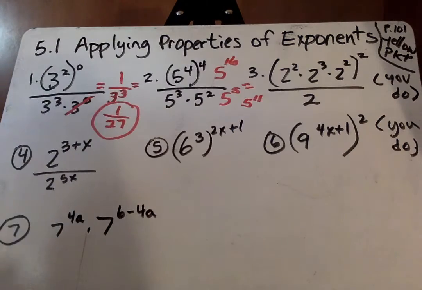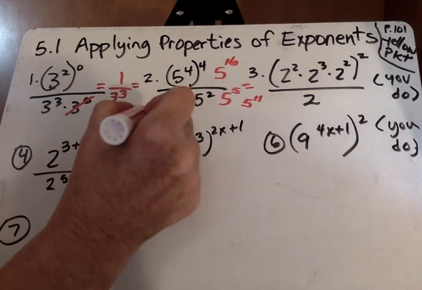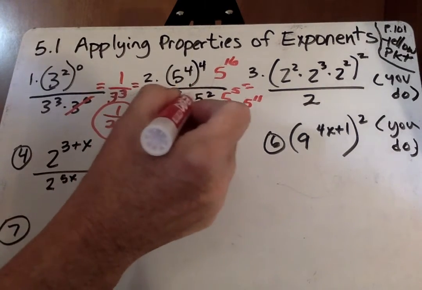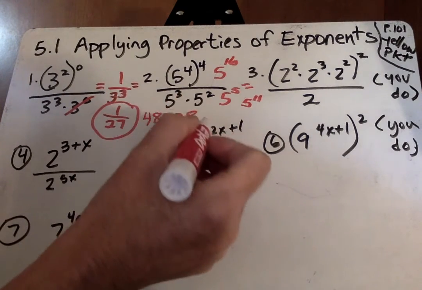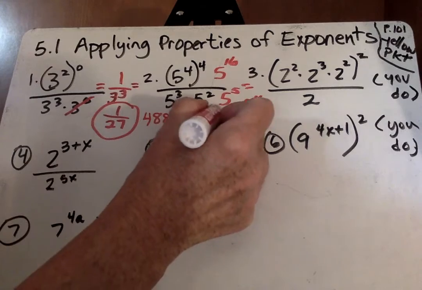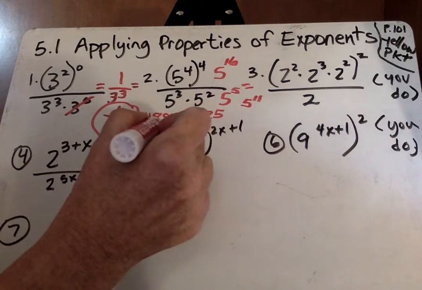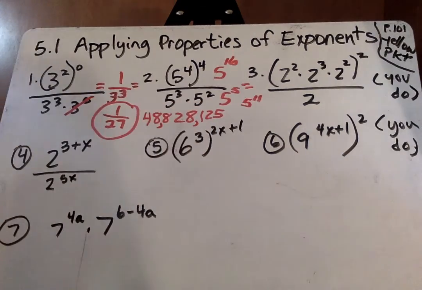Nope. Let's see. 488,28125. Ooh, that's a big number. 48828, got to figure out where the commas are, 125. 48,828,125.